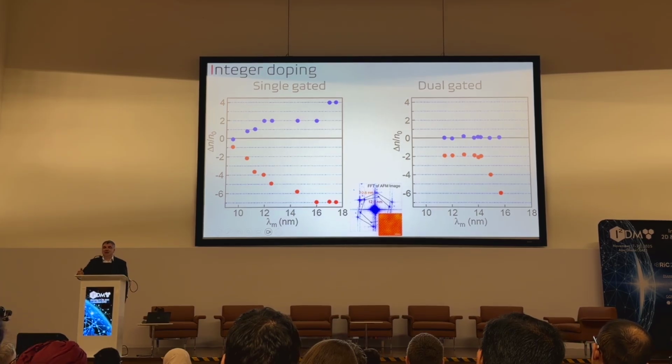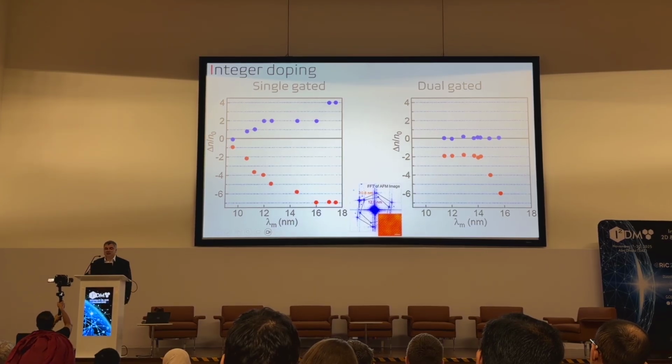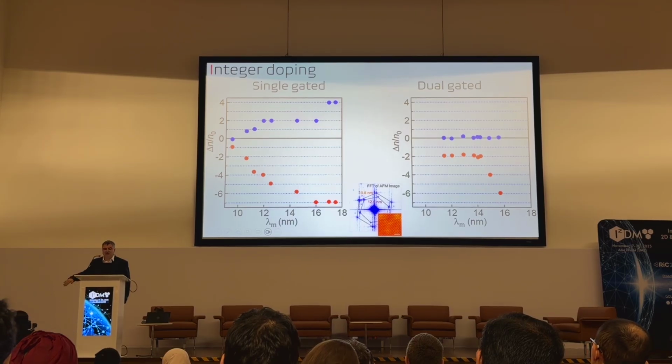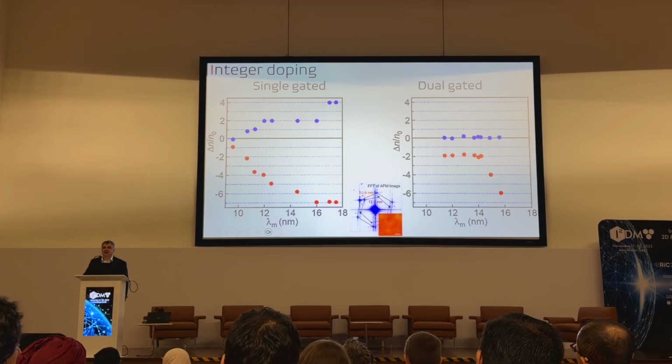We get higher and higher doping. On the left hand side, for the single gated, you see that the initial state grows in doping, and the doping is always larger in the state after transition.